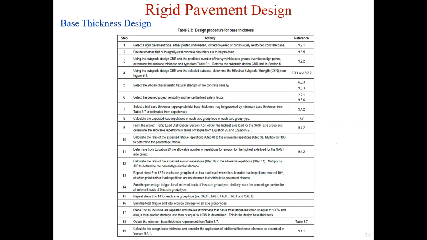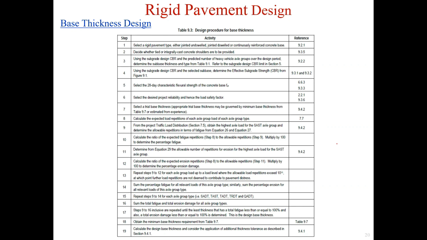Afterwards, we sum the percentage of fatigue for all relevant loads of this axle group and the percentage of erosion for all relevant loads of this axle group. Steps 9 to 14 will be repeated for each axle group type. Step 16 is to sum the total fatigue and erosion damage for all axle group types.